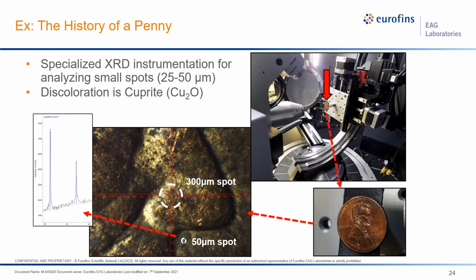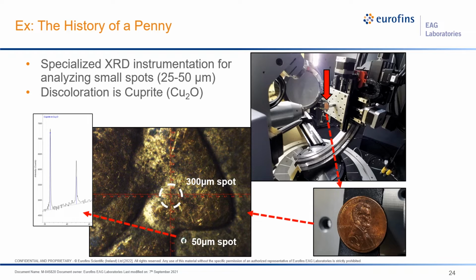For this study, we used the microdiffraction system to zoom in on a small discoloration and target just that rather than the entire penny. You can see this discoloration right here beneath Lincoln's nose. What we found actually wasn't all that surprising.